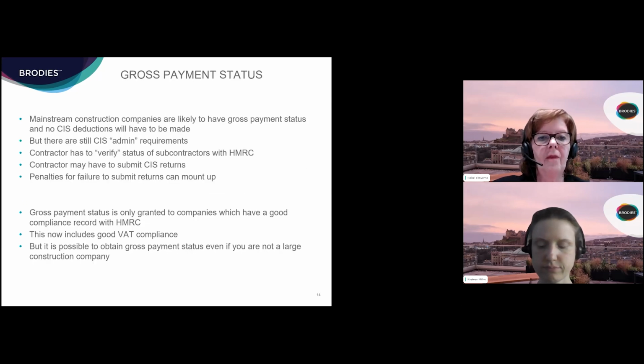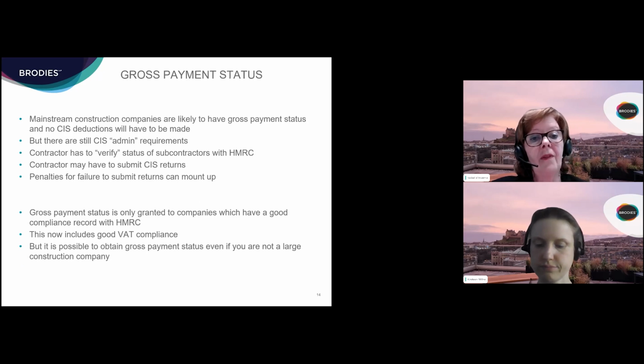So let's move along to the gross payment status. Big companies that do construction all the time will have gross payment status, and there are no CIS deductions that have to be made to them. So if those are the kind of entities that you're dealing with, then the CIS is likely to be relatively simple.